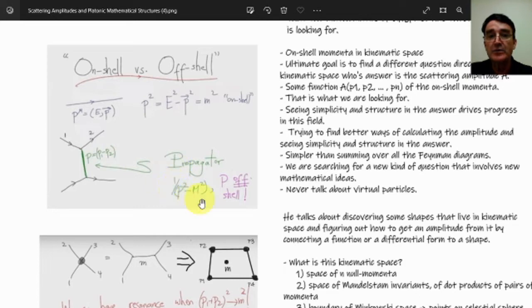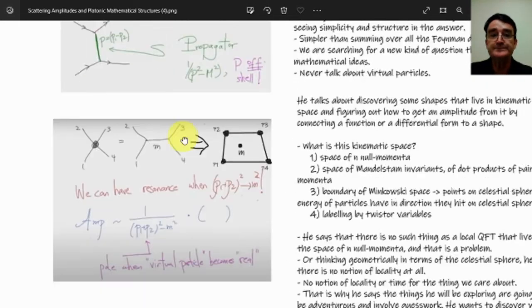Typically this propagator is an off-shell particle, and the denominator is p squared minus m squared, and when it's off-shell, this is not zero. When it's on-shell, it's zero, and you get a pole.